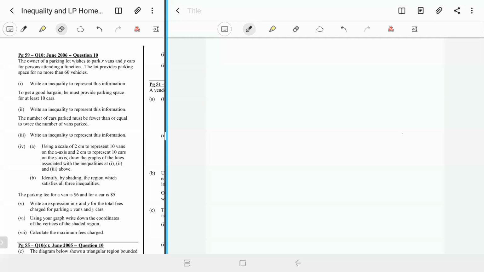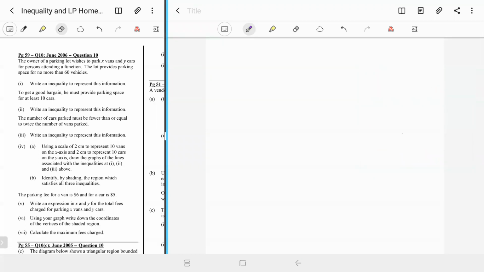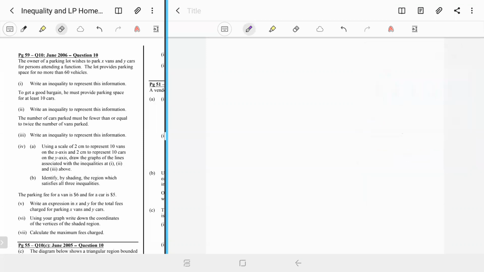So what we know is that he has X vans and Y cars, but we don't know X and we don't know Y. So X vans and Y cars he's parking. You write down information so you can reference it and don't forget. X is the number of vans, Y is the number of cars. You don't know how many.